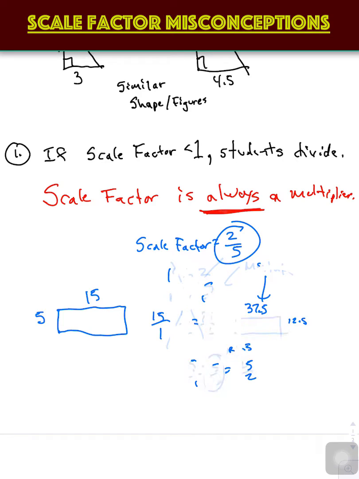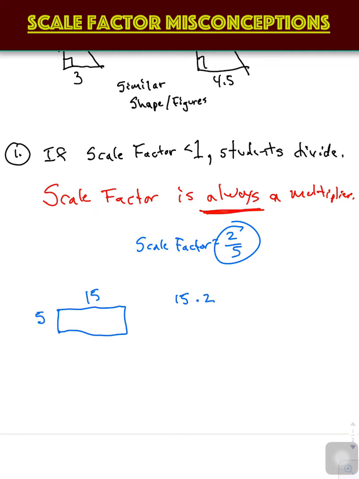If we clear this, what we should have is in fact just multiplying by 2/5. We multiply by 2/5, our numbers go down. Actually, I chose numbers that make it nice and easy to cancel too.